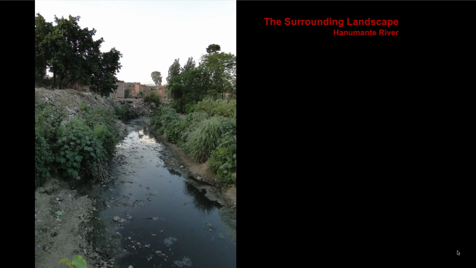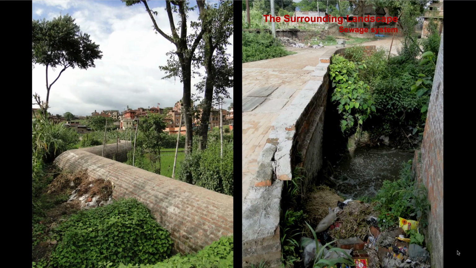Now, the important thing is that the river is now polluted. Although in people's belief system this is a sacred river, and they used to take ritualistic baths in this river to purify themselves, that river is now highly polluted. One aspect of the pollution is that in 1975, the German architects who restored the town and the buildings established a sewerage system for the town.